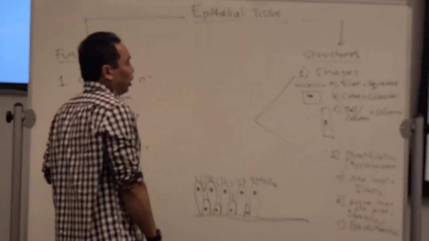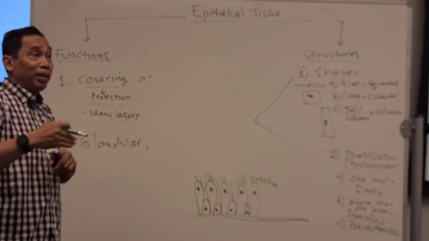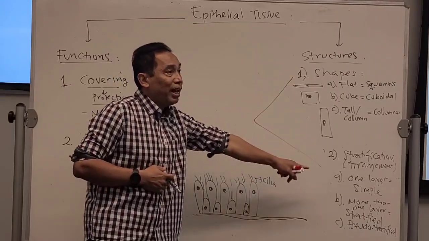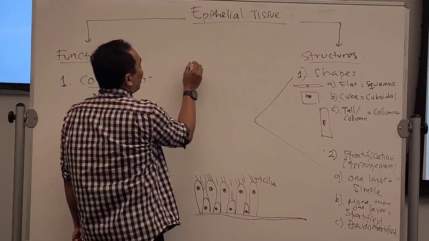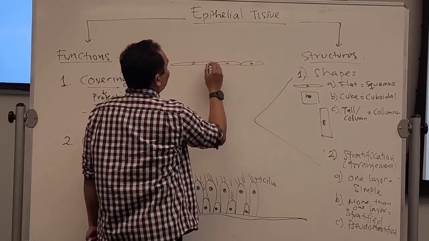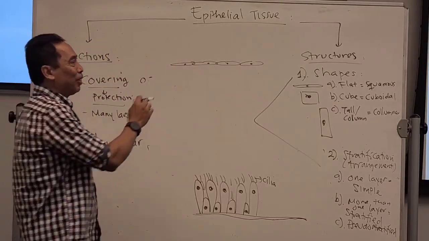Now, based on the shape and stratification, usually the name of the ET will come. The name of the ET will be based on the shape and the stratification. If it is one layer of flat cells, like in the lung tissue, what is the name going to be?